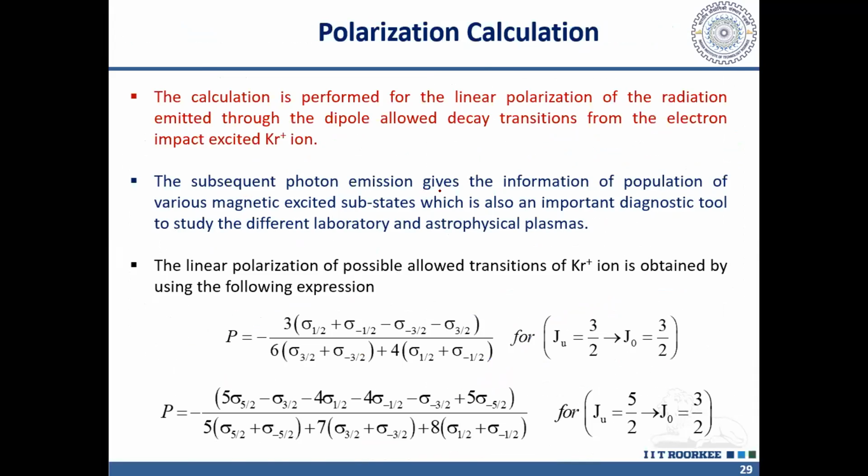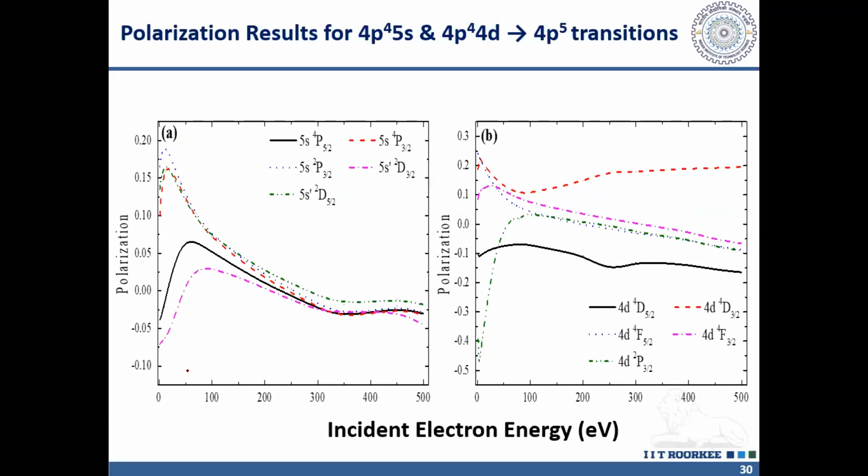We have also studied the linear polarization for the dipole allowed transitions, and by this linear polarization expression we calculate the linear polarization with respect to the incident electron energy.